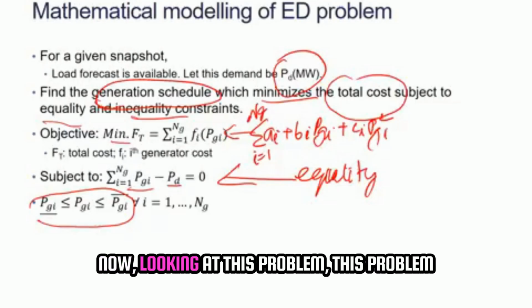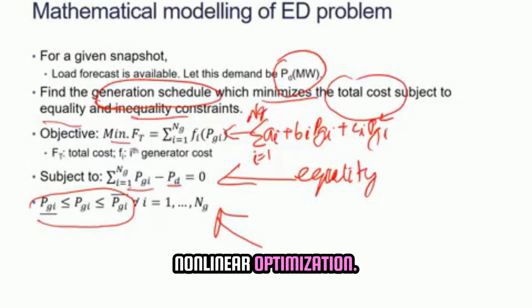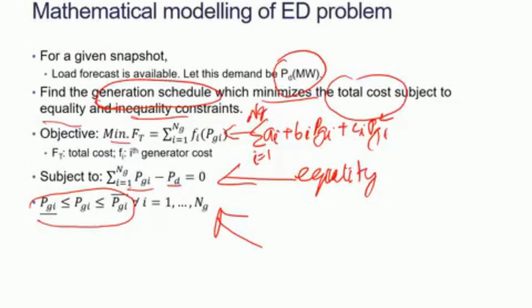Now, does this problem come under a linear optimization problem or a non-linear optimization problem? What type of optimization problem is it? Why?